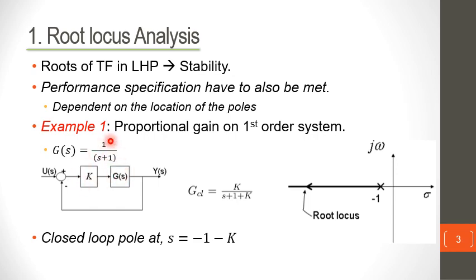In this case, our G of S is 1 over S. Now, if you do a calculation, you'll see that your closed loop system becomes K divided by S plus 1 plus K. So this will become the closed loop transfer function from U to S.